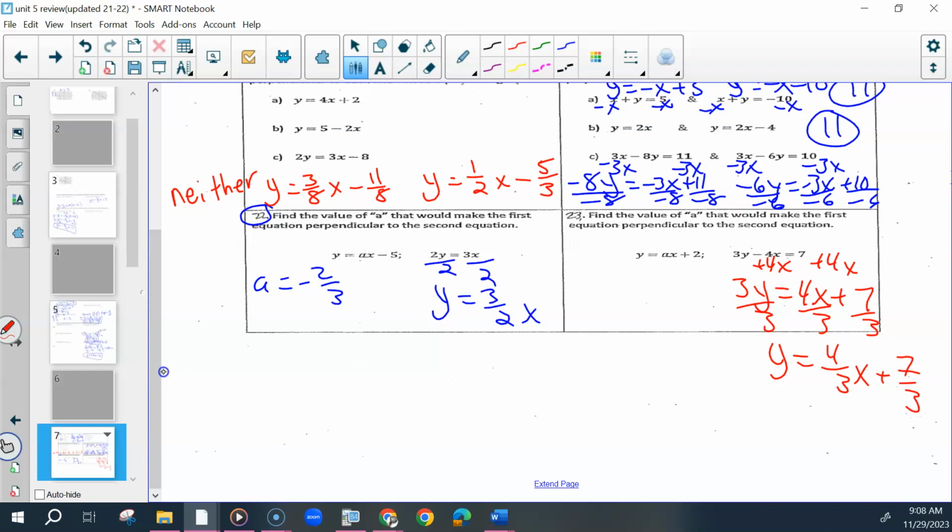And if we wanted the value of A to be perpendicular to this one, what would that be? What would A be? Or, I'm sorry, Bella, because that's where your hand was. Negative 3/4. Negative 3/4.